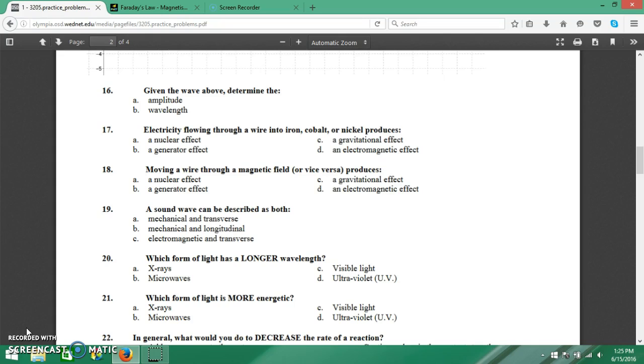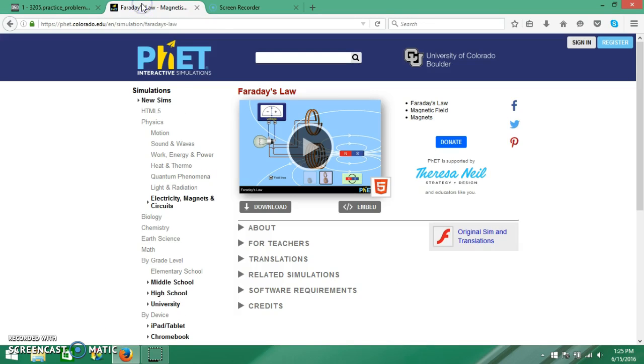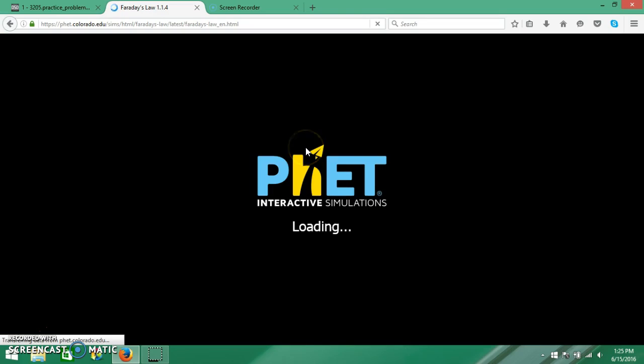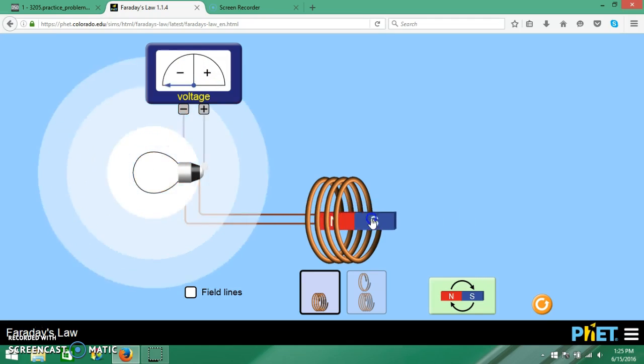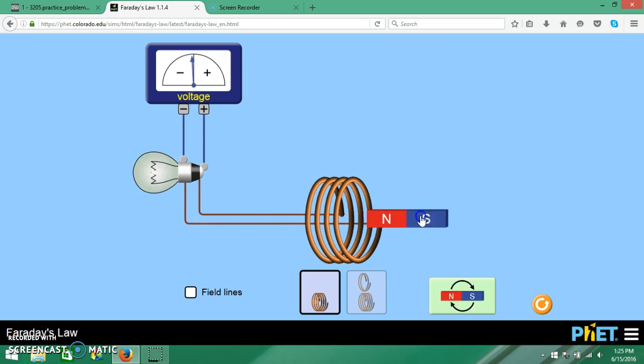You might remember we looked at this simulation, one of those PhET simulations again, and notice that the simulation is called Faraday's Law. So again, we're going back to Faraday that you saw in that video, and we're actually seeing that generator effect here. When we take a magnet and move it past a wire, we can actually create electricity, which we're seeing in the lighting of the bulb and on the voltmeter as well.